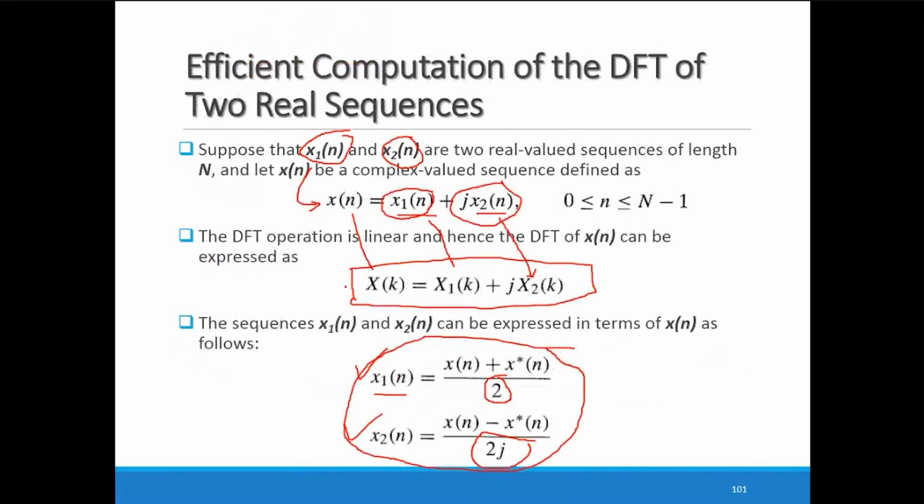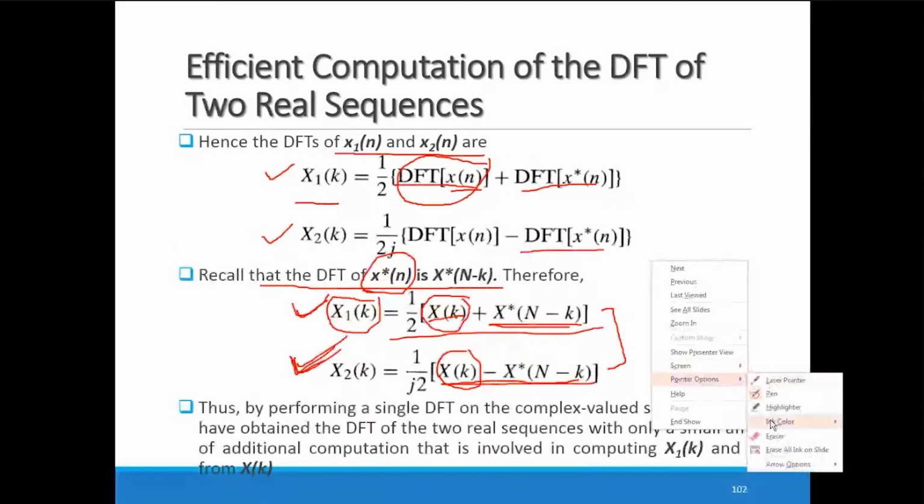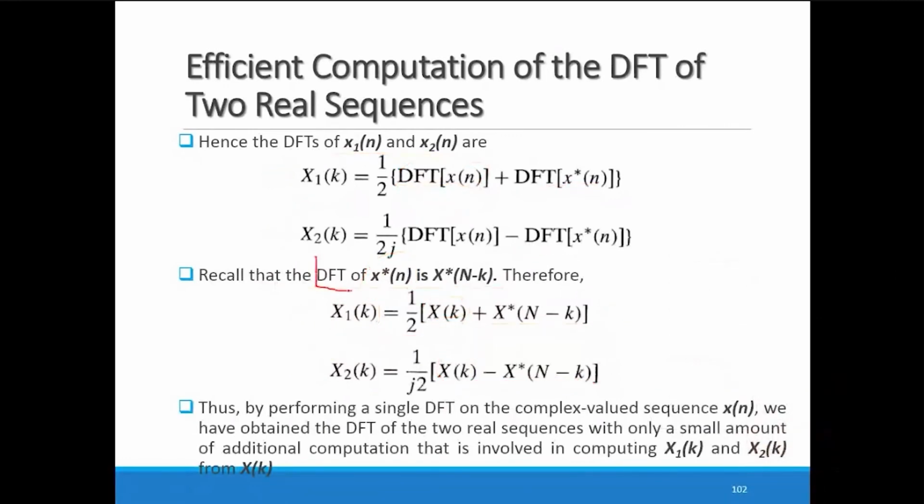Can you explain which part you are taking? This is a general DFT equation. When you calculate the DFT of x(n), this is a general equation. Here I have written the DFT of x(n); it is not that x(n) will be this, this is a DFT. When you find the DFT of the complex conjugate of x(n), it will give you X(N minus k).